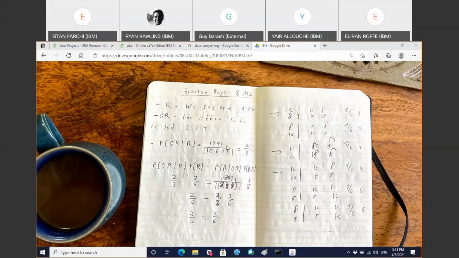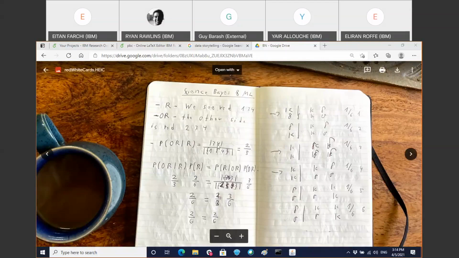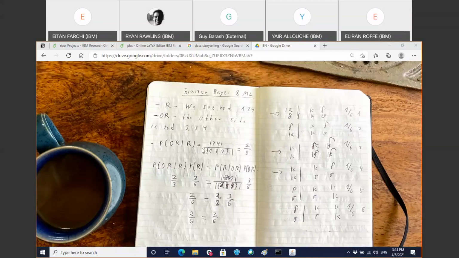And how many cases would have a red at the bottom? So we have case number 3 and case number 4. So the probability of having a red at the bottom once you have a red at the top is 2/3, and the other one is 1/3. Is that clear up to now?